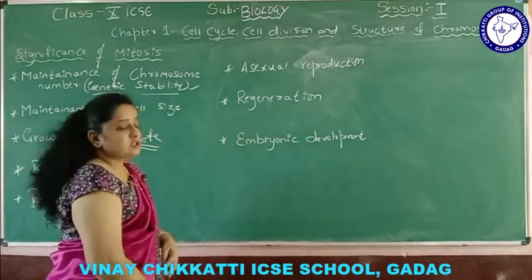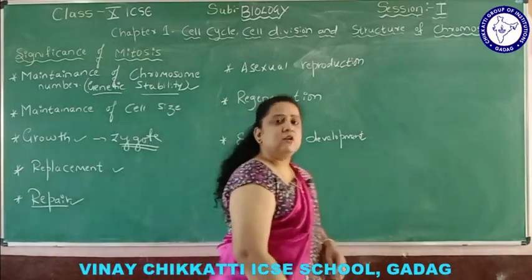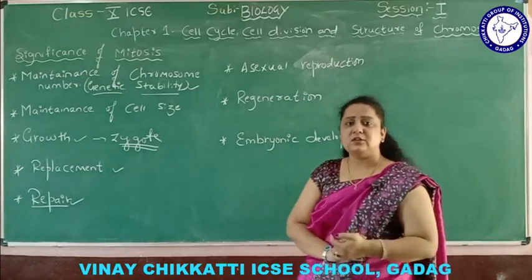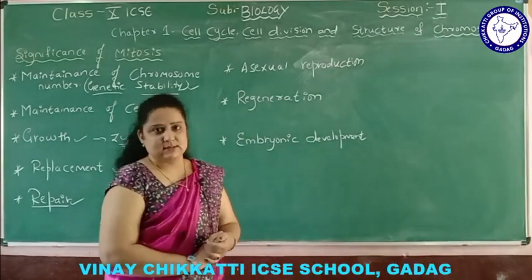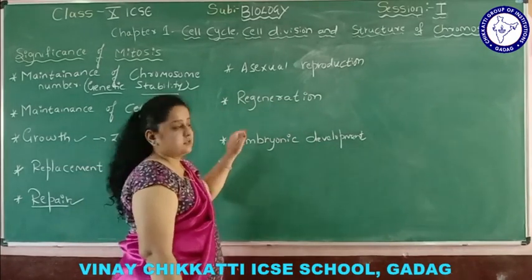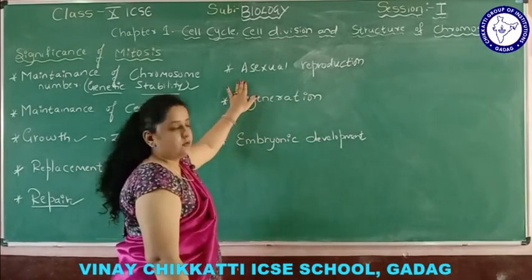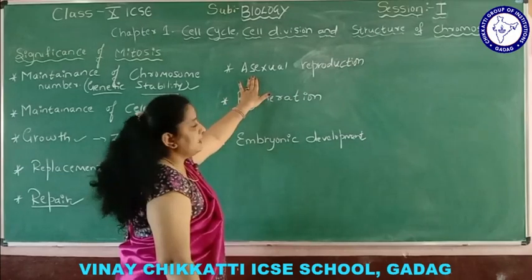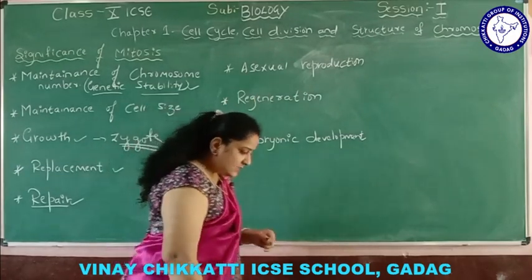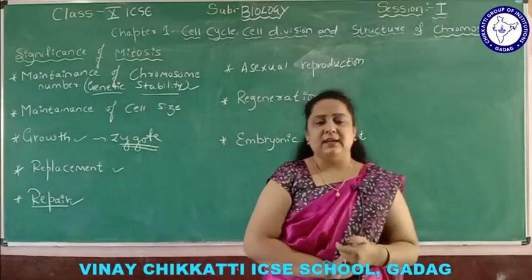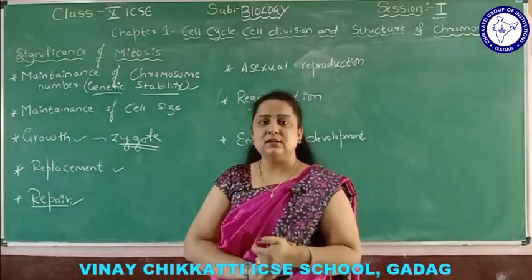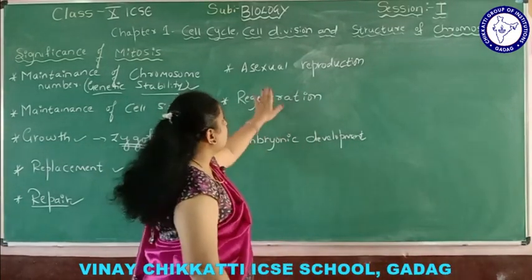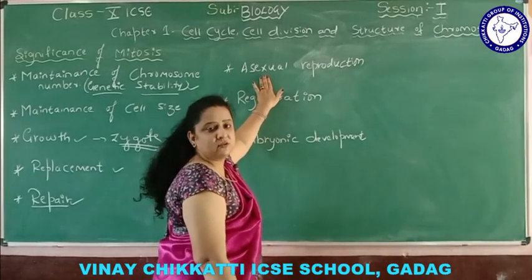Next, asexual reproduction. What is the meaning of reproduction? It is the biological process where organisms give birth to young ones. There are two types of reproduction, sexual and asexual reproduction. Now here we will discuss asexual reproduction. Asexual reproduction is uniparental, meaning a single organism produces the young ones. Here there is no formation and fusion of gametes.